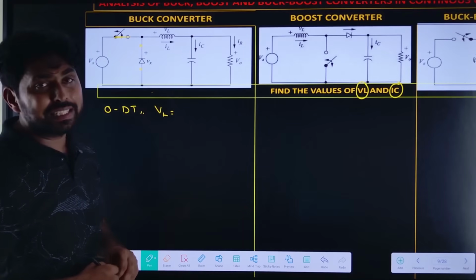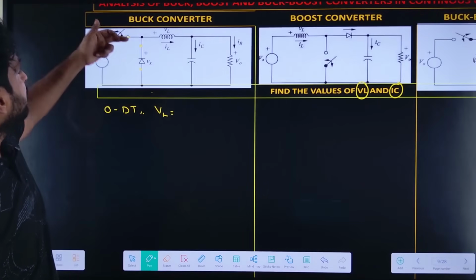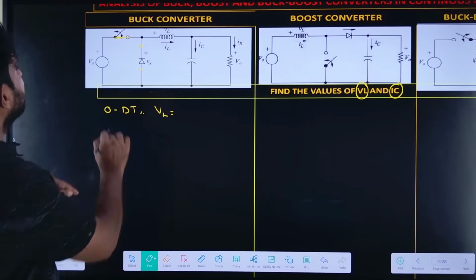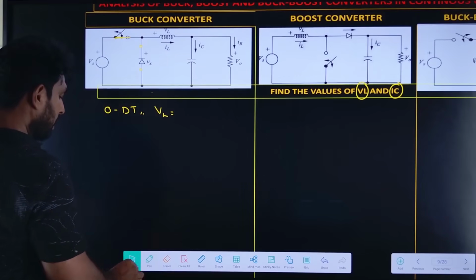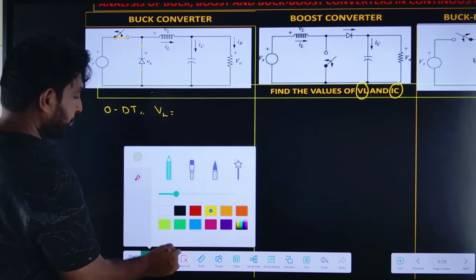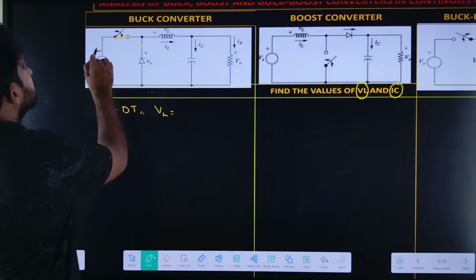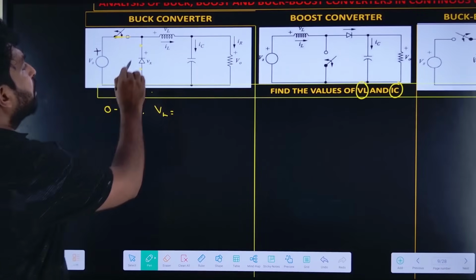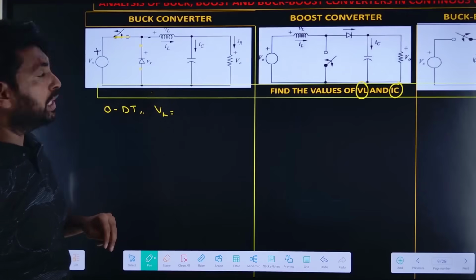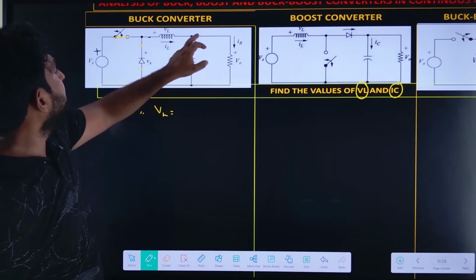So what is the voltage across the inductance? From 0 to dT, when the switch is in closed condition, plus Vs is applied here and negative is here.